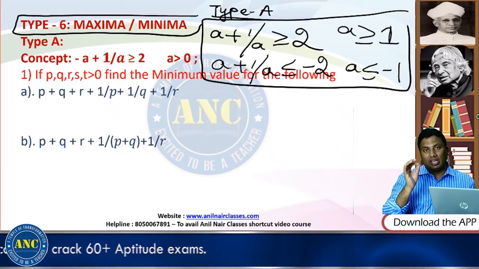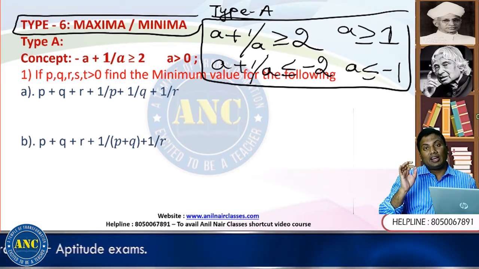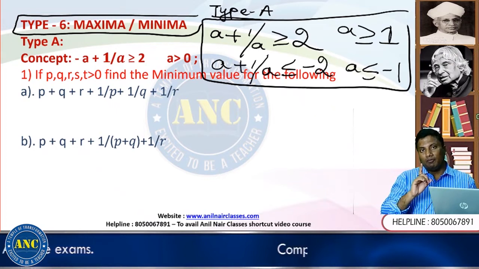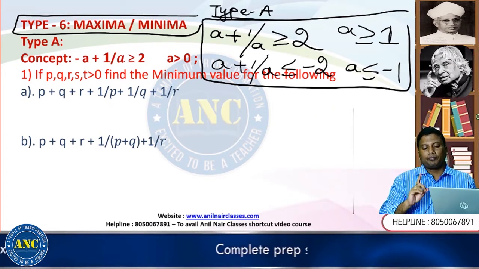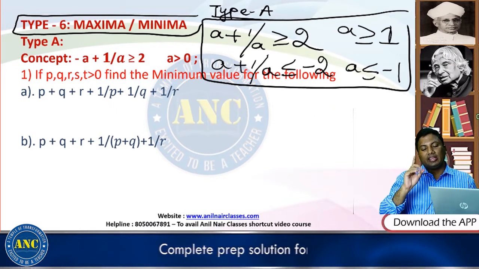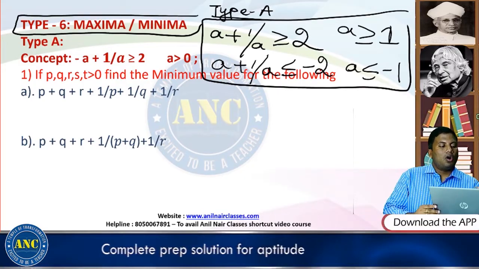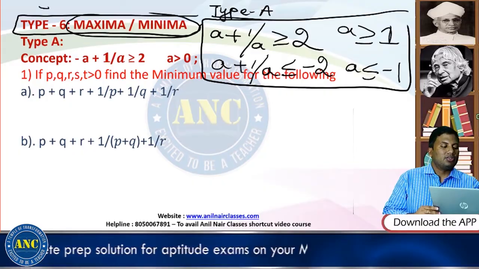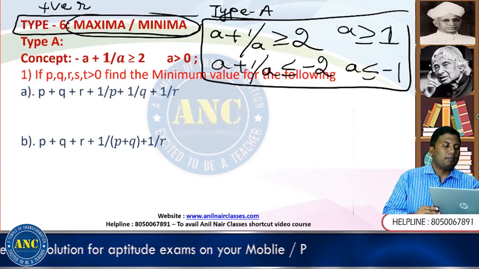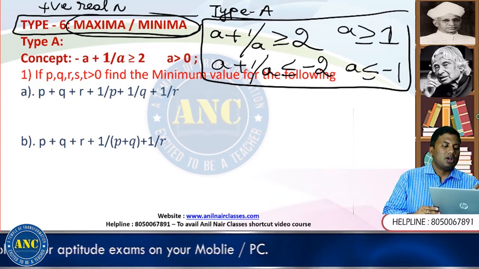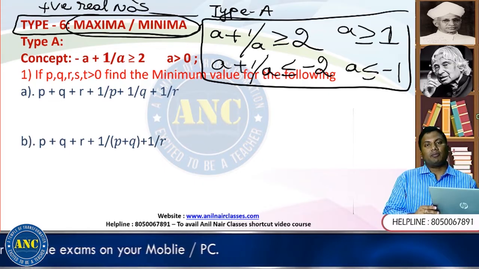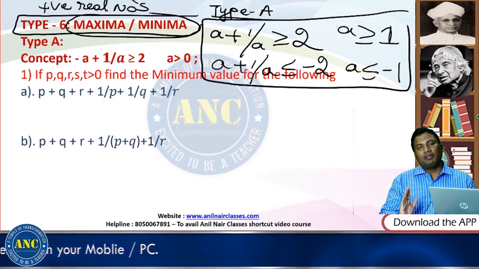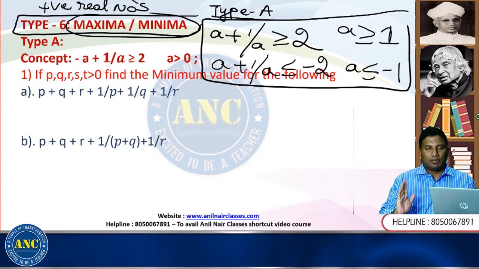A variable and its reciprocal, the minimum value is 2 if A is greater than or equal to 1. All maxima and minima problems whatever we are solving, these are only valid for positive real numbers. All the concepts whatever I am discussing are only valid for positive real numbers.